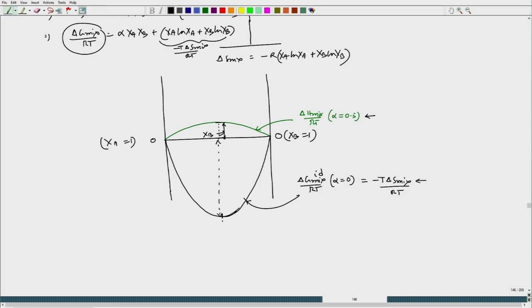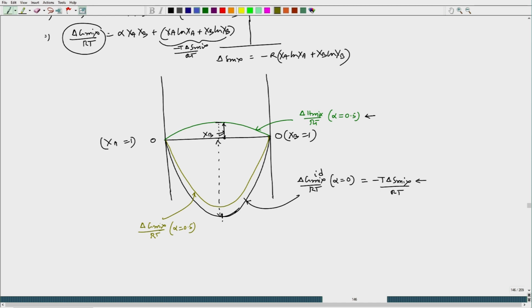Okay. So, that means the resultant curve would still be, fine. So, this is my delta G mix by RT, alpha equal to 0.5.